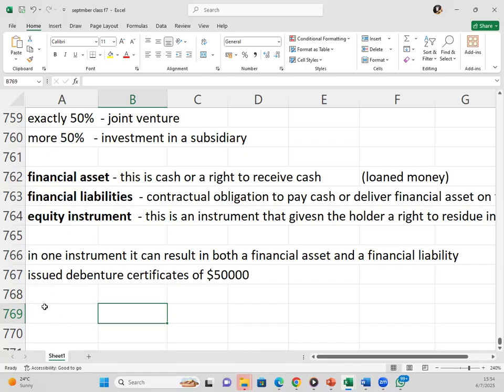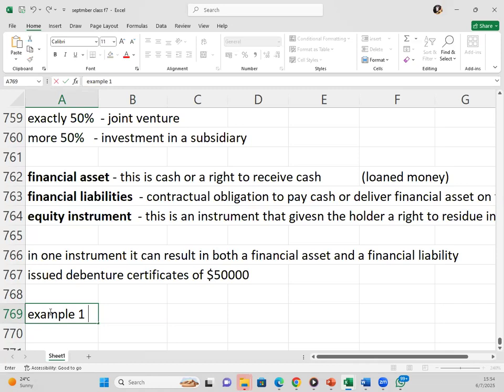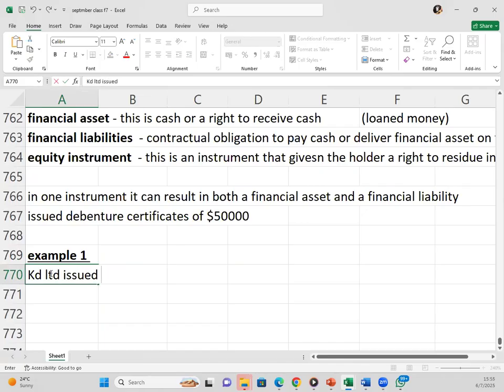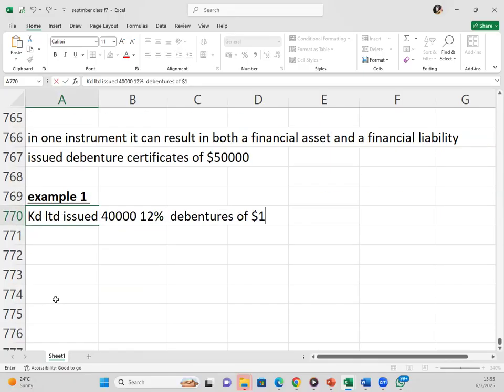So let's have example 1. KD Limited issued 40,000 12% debentures of a dollar each.